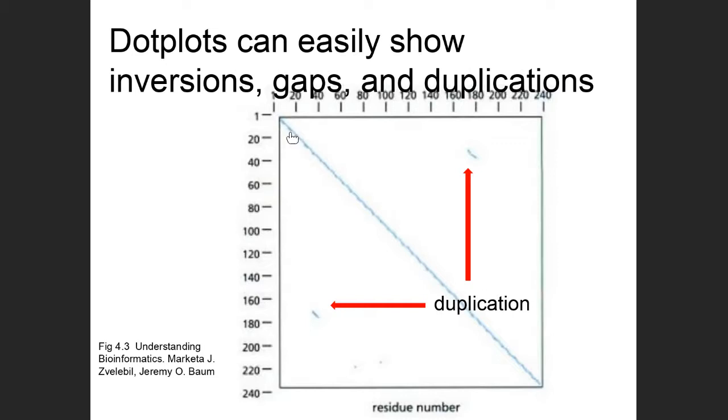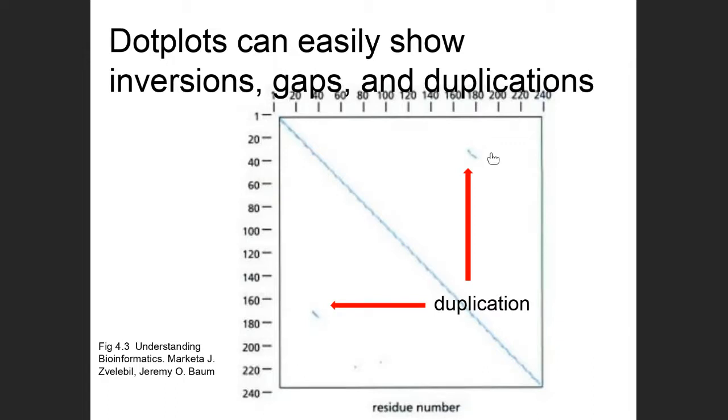But the straight line down, and whether or not the slope is like this or if it's up, doesn't really matter. It depends on how the sequence was written. Like maybe this word is read from here to here, and this word read from here to here. But if you had written the word down up, this diagonal will be up. So whether it's up or down doesn't matter.